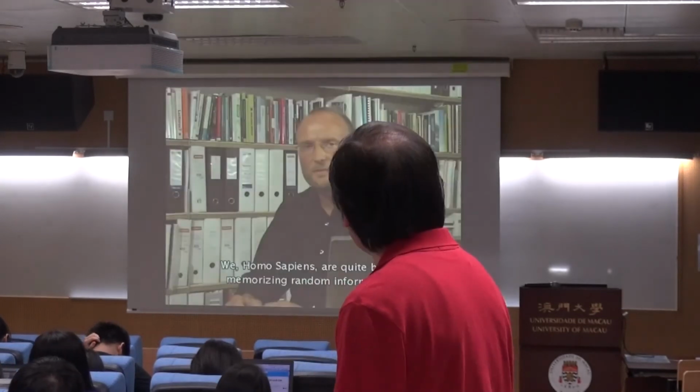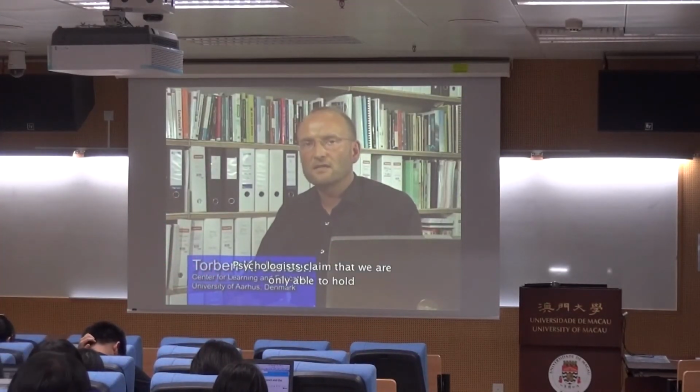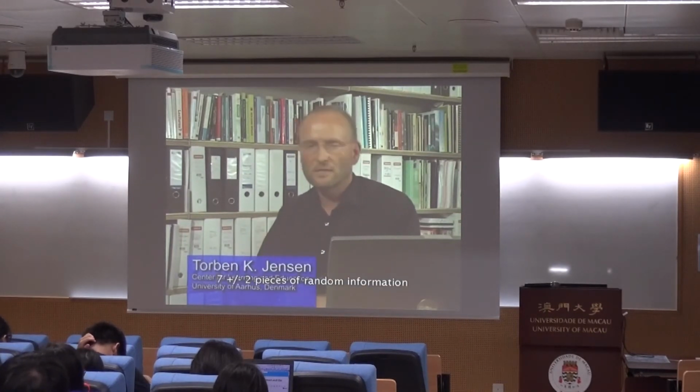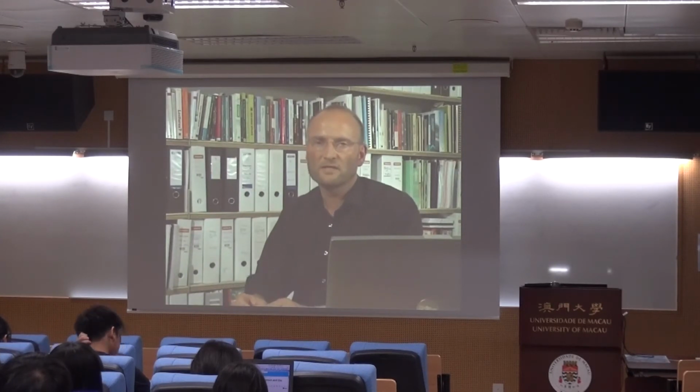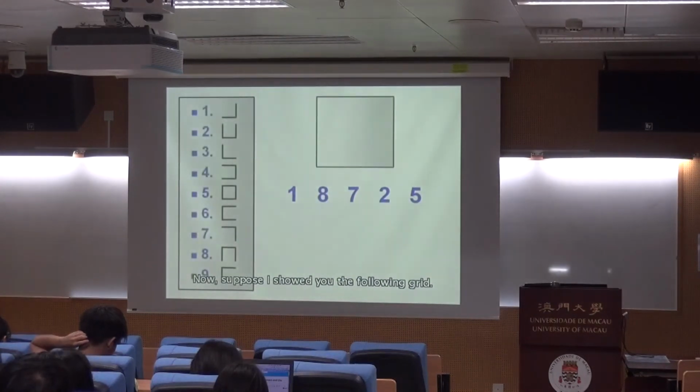We, Homo sapiens, are quite bad at memorizing random information. Psychologists claim that we are only able to hold 7 plus or minus 2 pieces of random information in our short-term memory. Now, suppose I showed you the following grid.